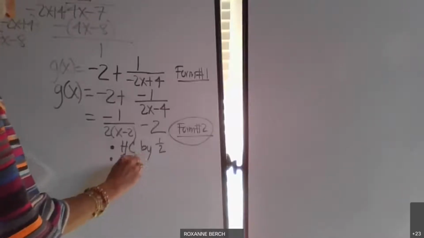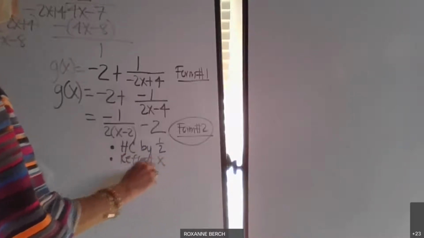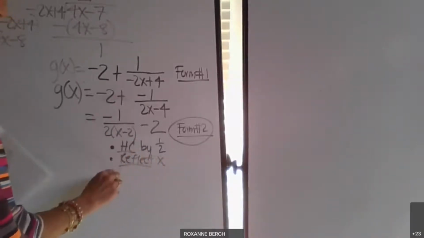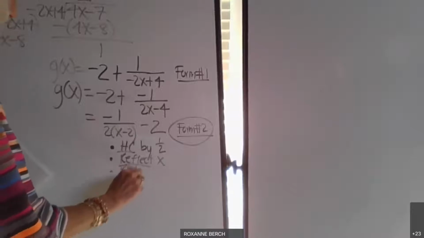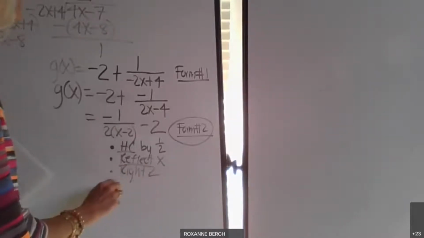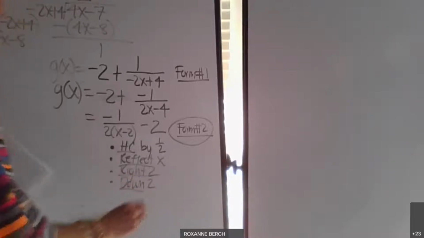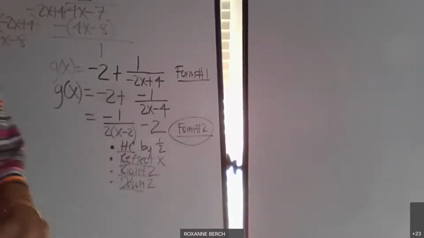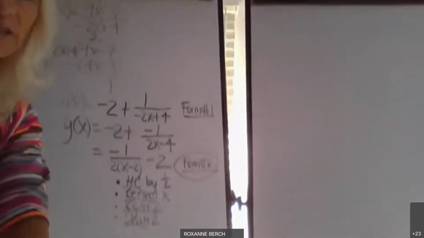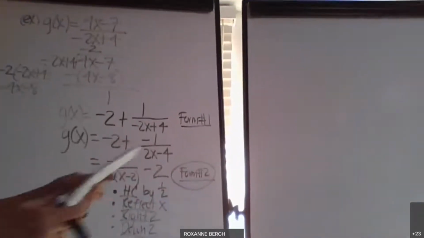Right 2, down 2. Right? It's a messy problem. It's a lot of steps. All right, here we go with the points.